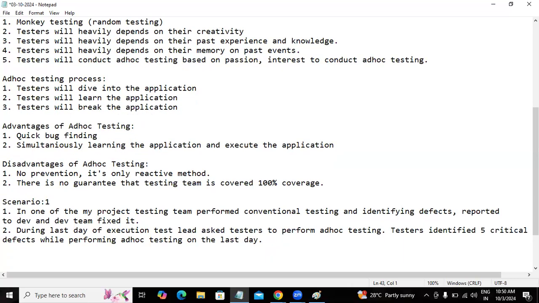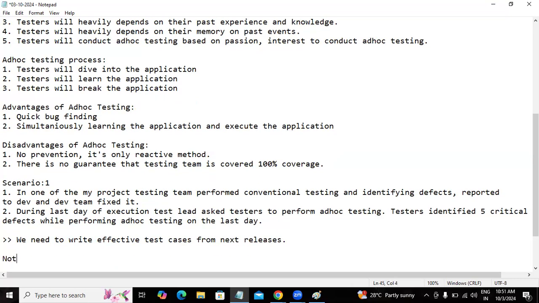After that, we conducted one meeting. In the meeting we discussed that we need to write effective test cases from the next releases.